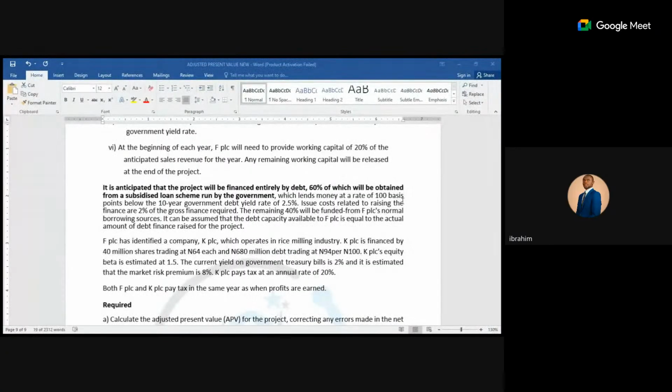Right. Now, when you have 1% below the 10-year government debt yield rate, meaning that the normal rate should be 2.5. But no worry, we will give you 100 basis points below it, below the 2.5.